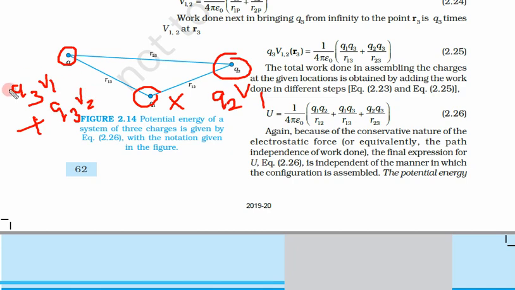So in a way we can calculate. If you think there is some other configurational method, that you bring q2 first, q3 later, then q1, try to calculate and you will get the same result.